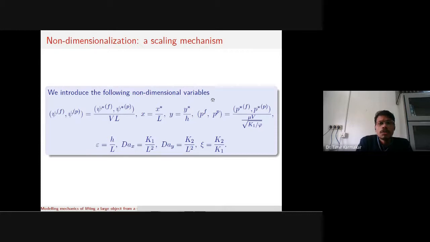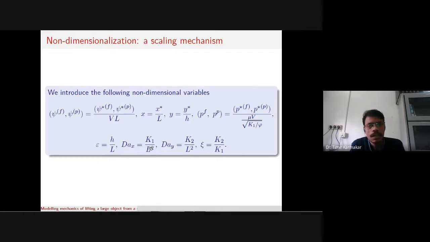Now if we introduce the non-dimensional variables in the equations, we get these variables. Among the important factors is epsilon, H by L, that is the width of the gap. We have considered this to be very small, because when the object is sitting at rest above the seabed, the gap will obviously be very small.